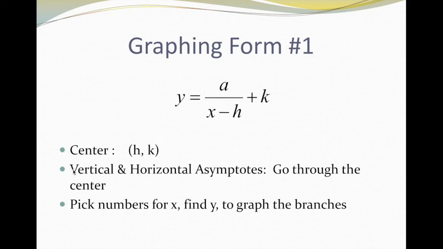So our vertical and horizontal asymptotes go through the center. Our vertical asymptote is x equals h, and our horizontal asymptote is y equals k. After, we pick numbers for x, find y, and graph the branches.